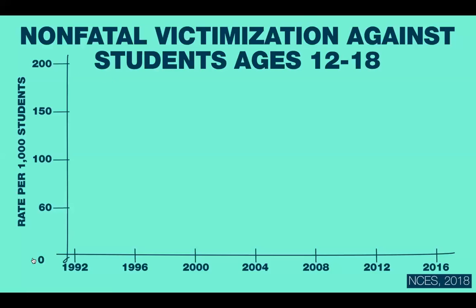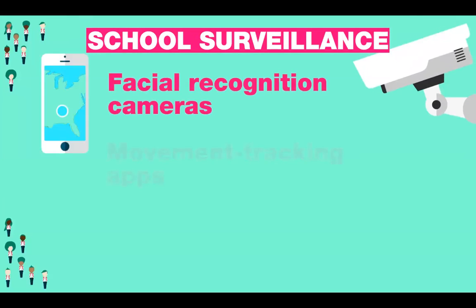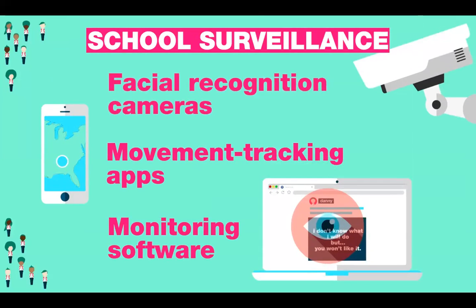But actually, schools are the... Anxiety is not decreasing, and neither are students. So more and more schools have turned to surveillance in the name of safety. I'm talking facial recognition cameras, apps that track movements, and software that monitors emails and social media accounts. And for sure, it's really weird getting a scolding email when you drop an F-bomb in a message to your friend at school. But then imagine you don't get one, because your principal decided not to remind you that they're watching.